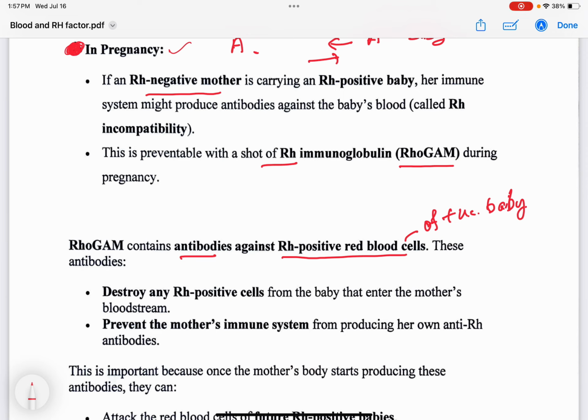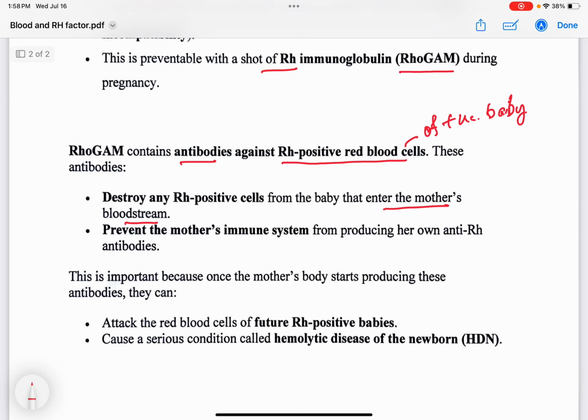Okay. So when they attack those cells, they do not enter the mother's bloodstream. So that prevents the mother from creating antibodies for these Rh positive red blood cells.